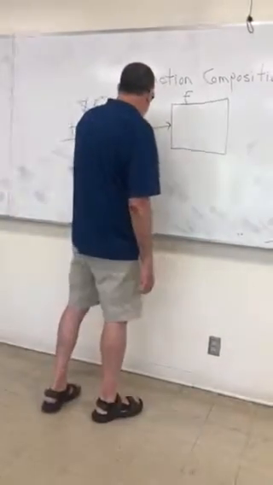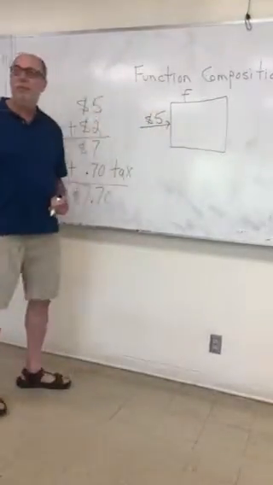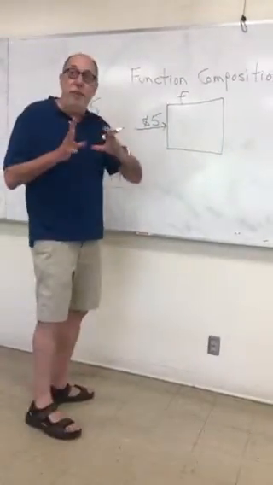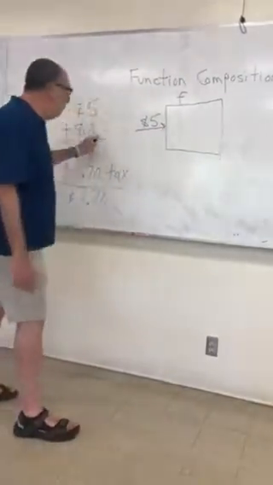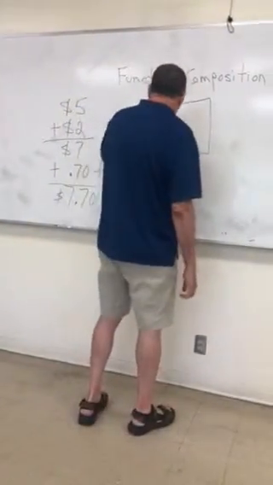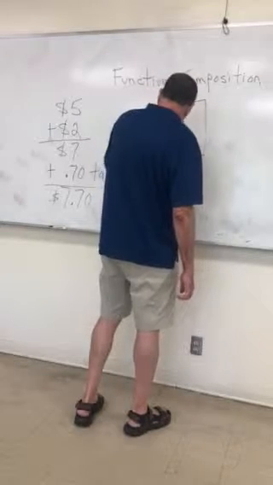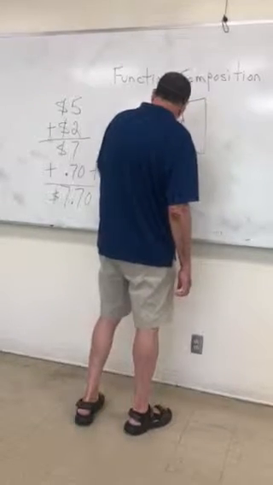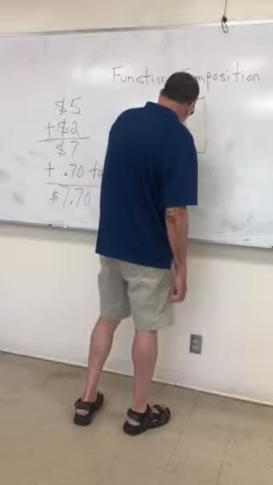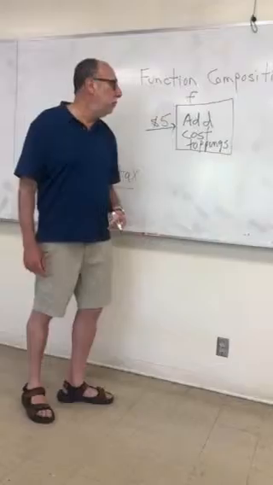In this case, it is $5. Now, what does f, the function, do? Well, the very first thing we did is we added more toppings. So right here, we're going to add the cost of the additional toppings. So that's what function f is going to do.